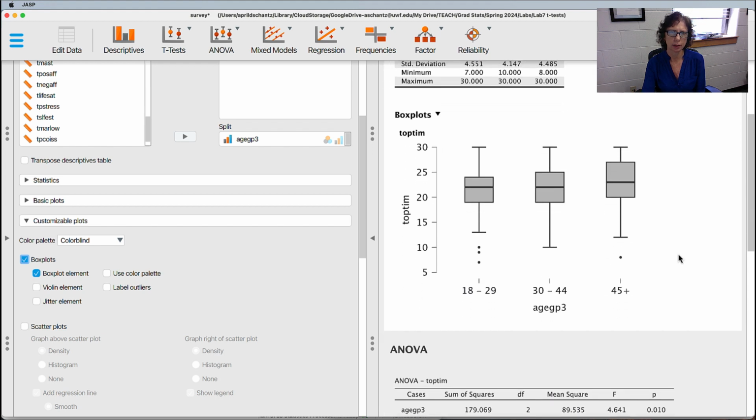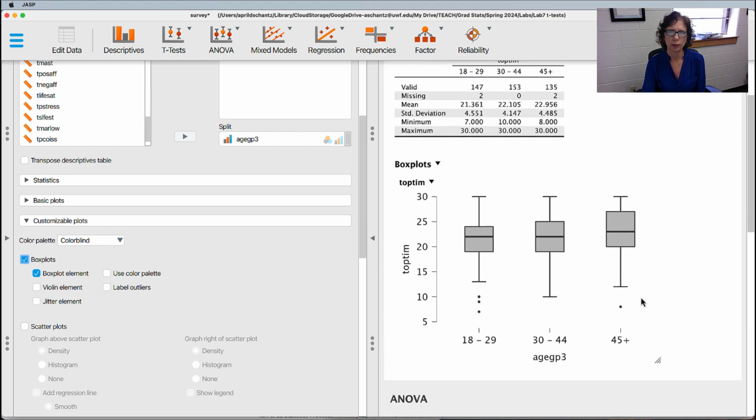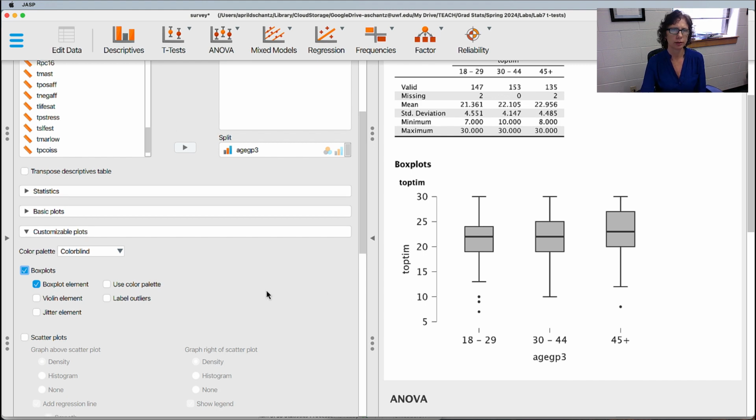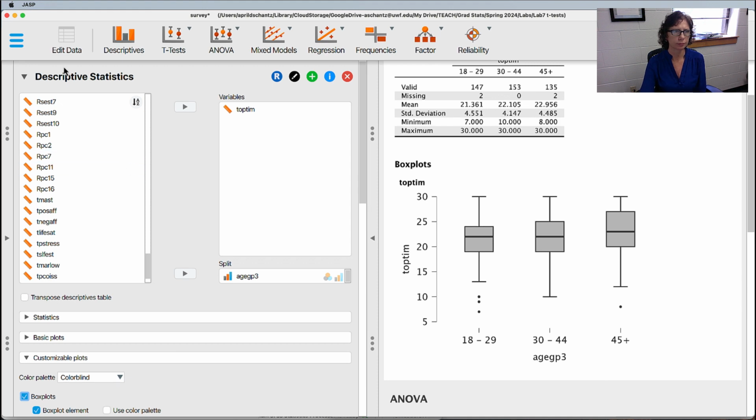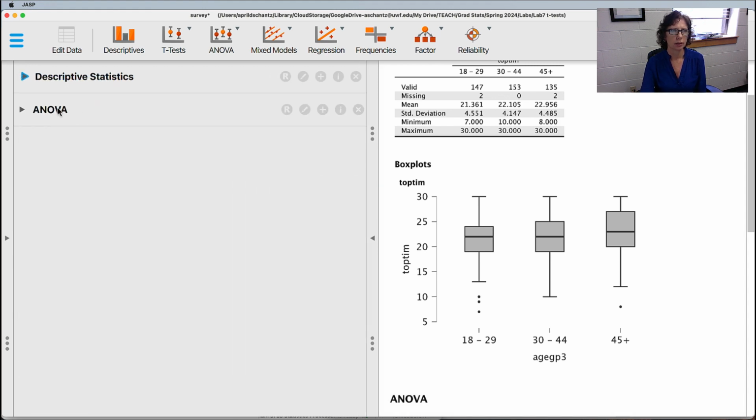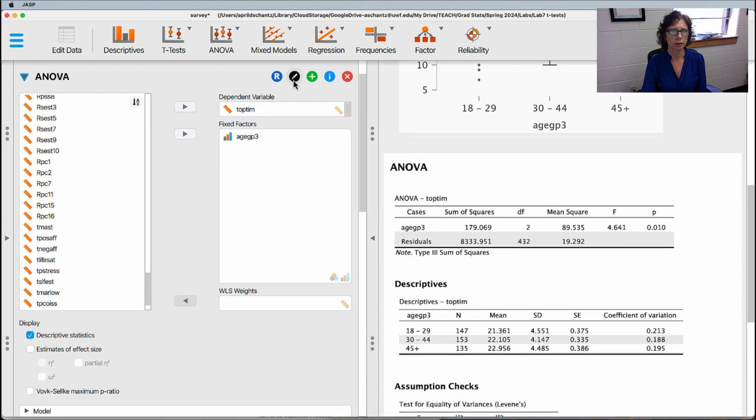So there's a nice box plot with the 3 groups and what kind of distribution they had on total optimism. So a good way to help your readers see what's going on there. All right, so that's our ANOVA with post-hoc.